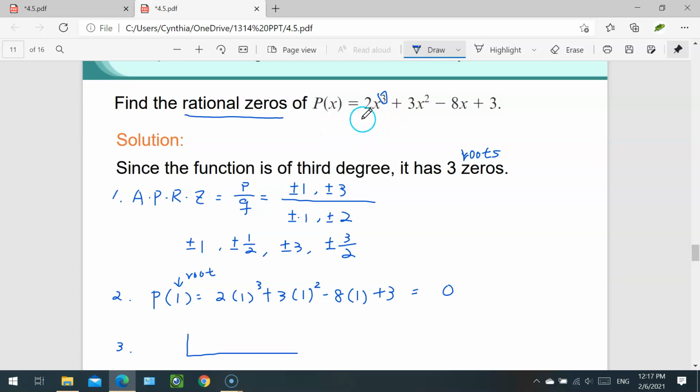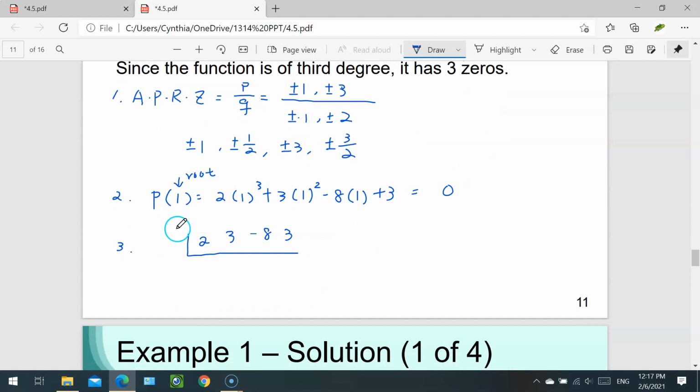So using synthetic division, we only take the number terms, right? So we have 2, this is 2x to the power 3, 3x squared, -8, and a 3. Now in the outside box here, we fill in the root. Okay, let me erase here. Let me redraw the box.